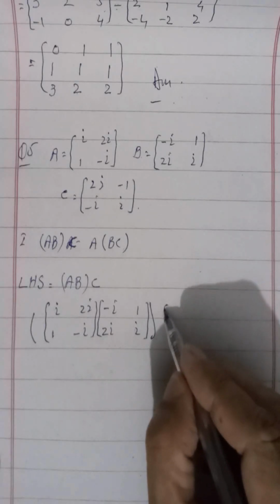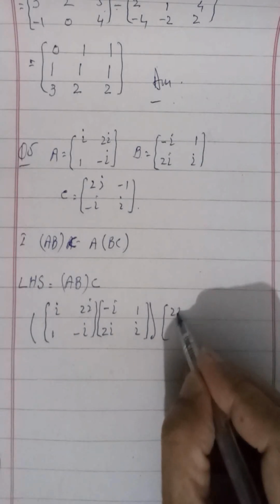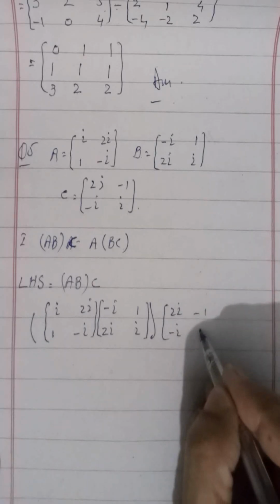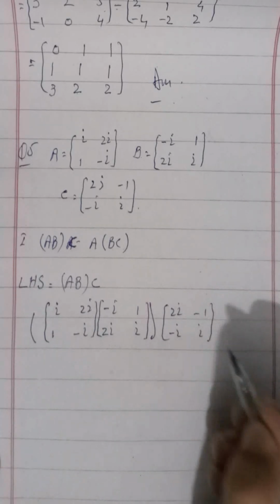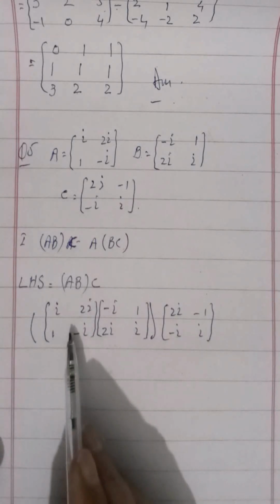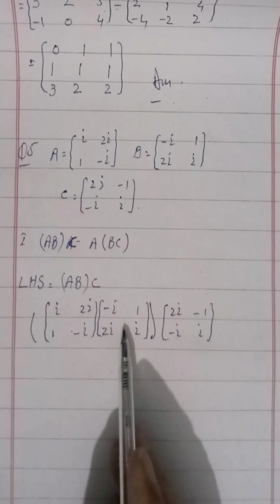We have [2 iota, minus 1; minus iota, plus iota]. Now we first multiply A matrix into B matrix.